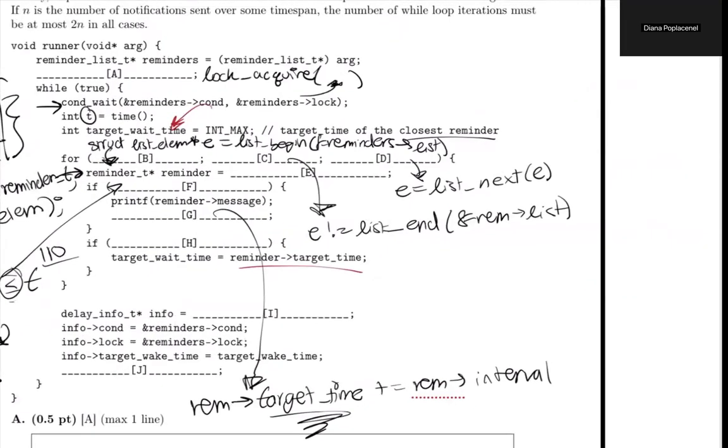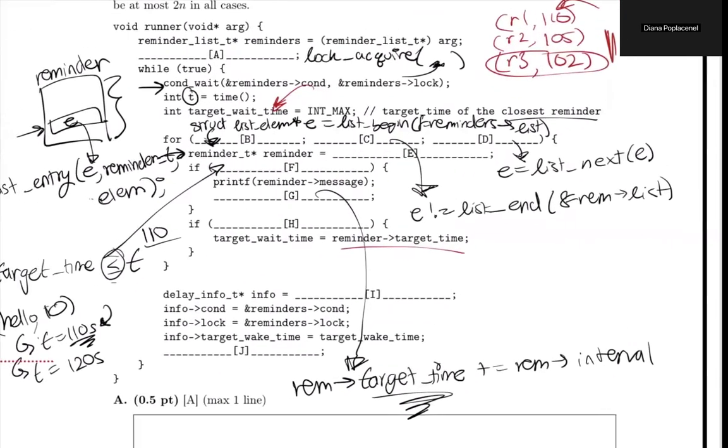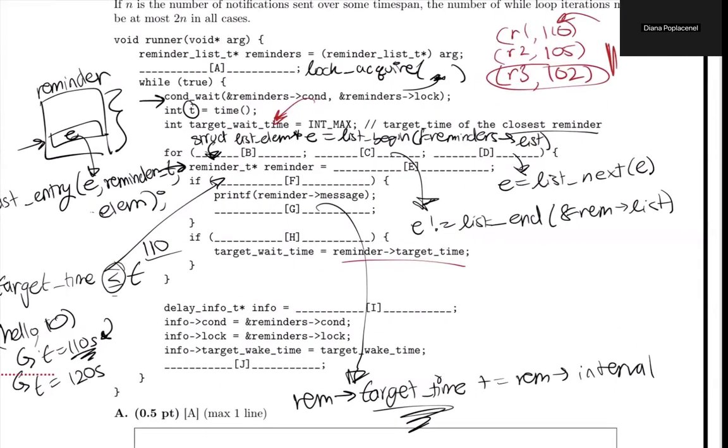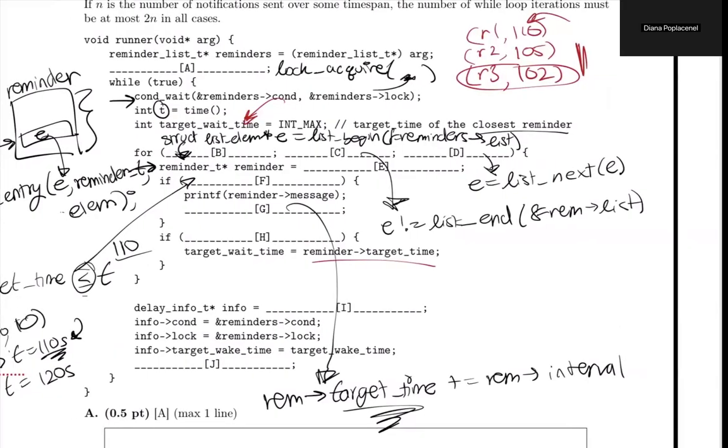So if we have a bunch of reminders, I'll do R1, R2, R3, and this should be printed at time 110, this at time 105, and this at 102. We want to wake up in time to print reminder 3 because that's the earliest reminder that needs to be printed. If we only wake up at time 110, we've already missed both of these reminders. So that's why we have this variable that we're later going to use to know when to wake up again to print the next reminder.